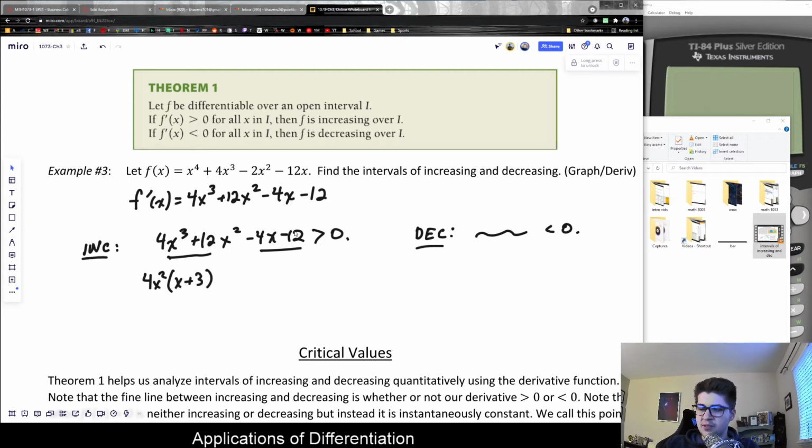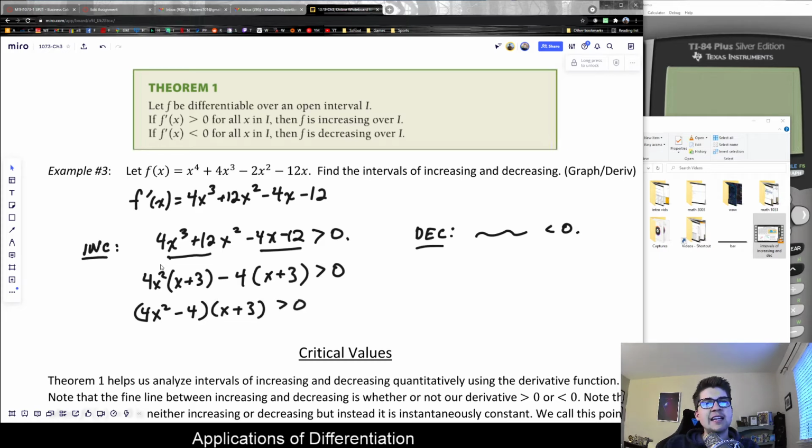And in the second group, there's a common factor of -4, which would also leave x plus 3 remaining. And since these 2 groups have the common factor of x plus 3, we could factor out the x plus 3 from that.